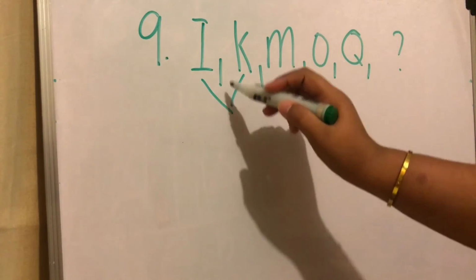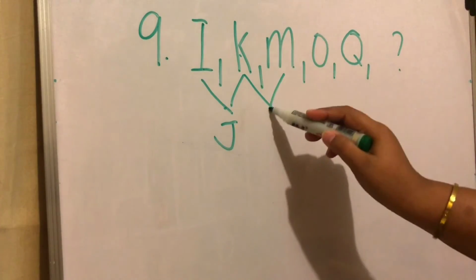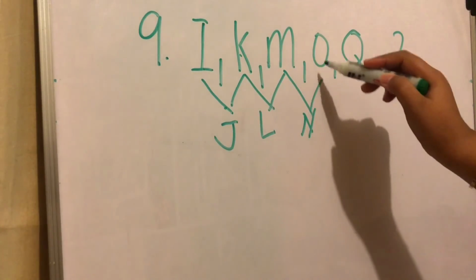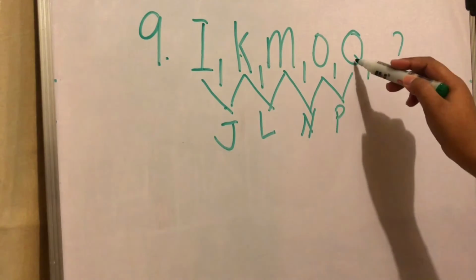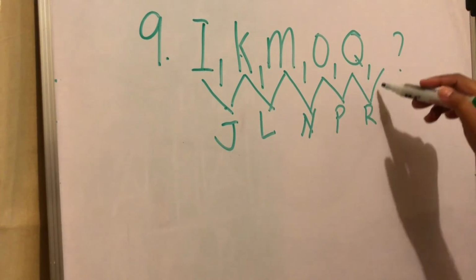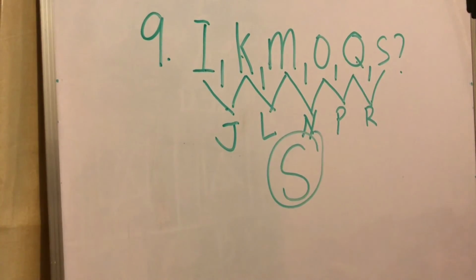I, J, K, L, M, N, O, P, Q, and next to Q is letter R, and next to letter R is letter S. Therefore, letter S is the next letter after letter Q.